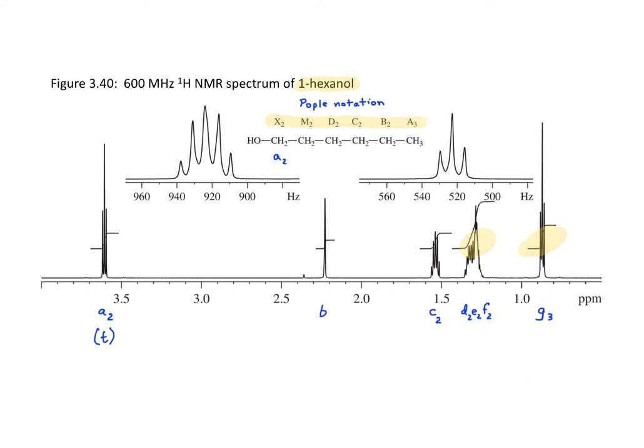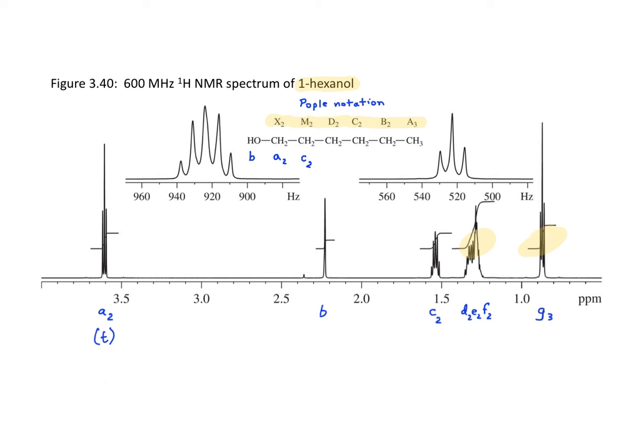The signal at 2.2 parts per million, which integrates to 1H, is the hydroxyl hydrogen, B. And then C2 at about 1.5 parts per million corresponds to the second methylene group. It is an apparent pentet, but it actually is the consequence of 2 triplets with the adjacent methylene groups.